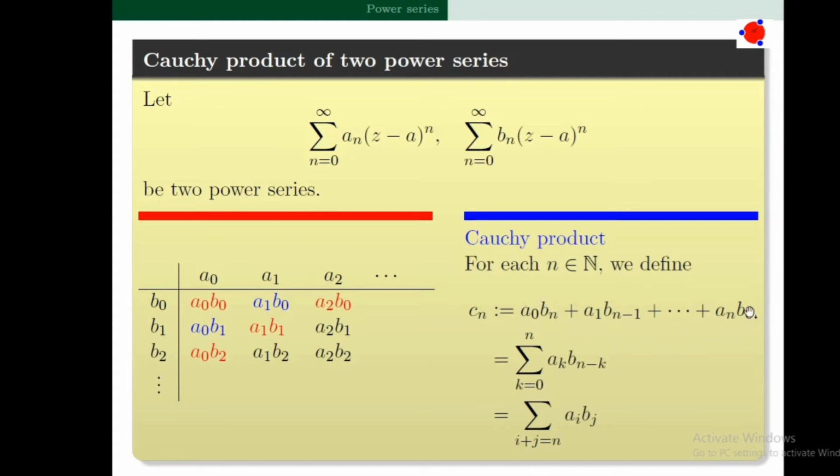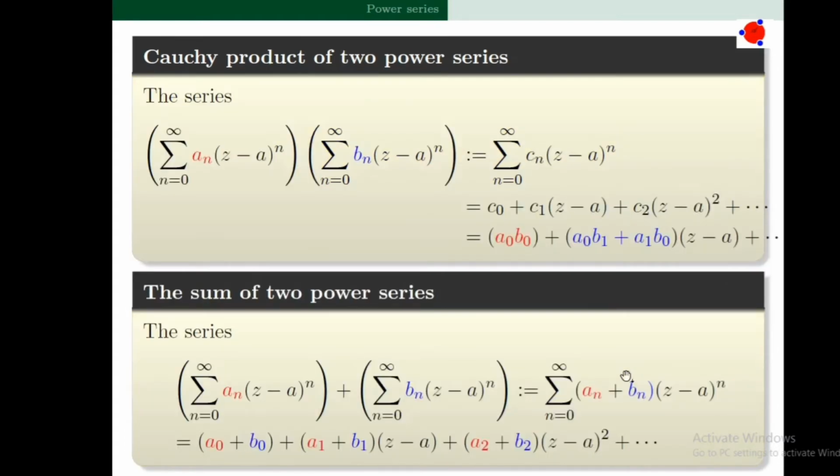This is the sum of the nth diagonal entries of this infinite matrix, and this summation can be written as summation k equals 0 to n of ak b(n minus k), or equivalently summation ai bj, where i plus j is always n. This new sequence is called the Cauchy product of the sequences an and bn.